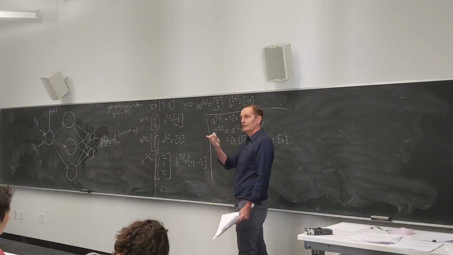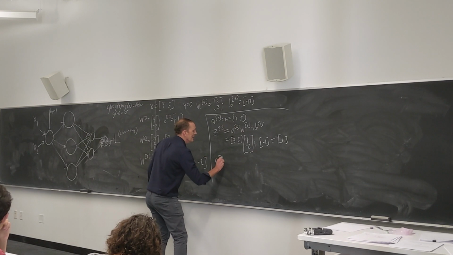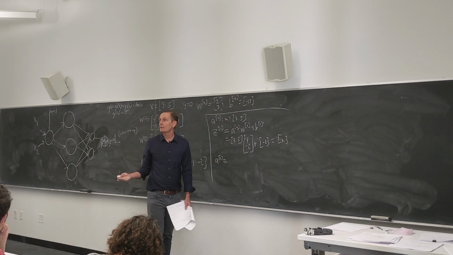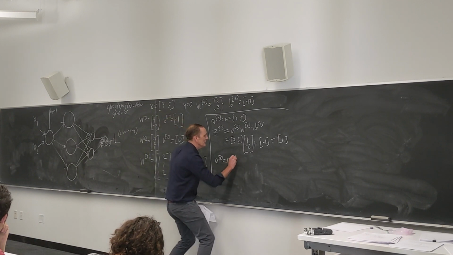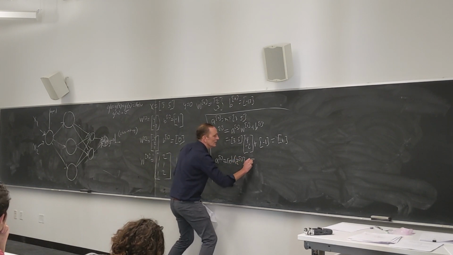Now we can calculate A1. A1 is going to be what? It's going to be 1 because what's our activation function? ReLU. So it equals ReLU of Z at 1 equals 1.